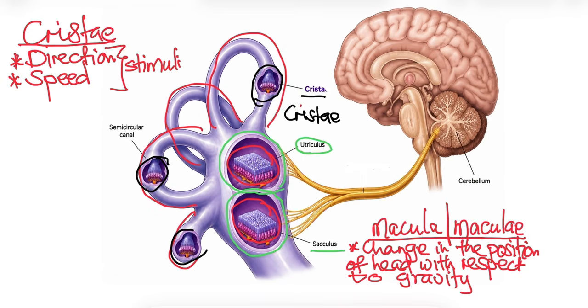And an example of a scenario where there is a change in the direction of movement would be somebody who is walking somewhere and all of a sudden sees something that scares them, like a snake, and then they change the direction in which they were walking. And for the change in speed, a classic one would be when an athlete is accelerating at the beginning of a race.